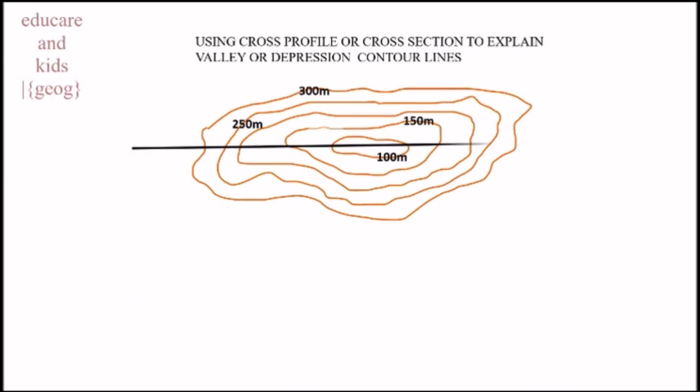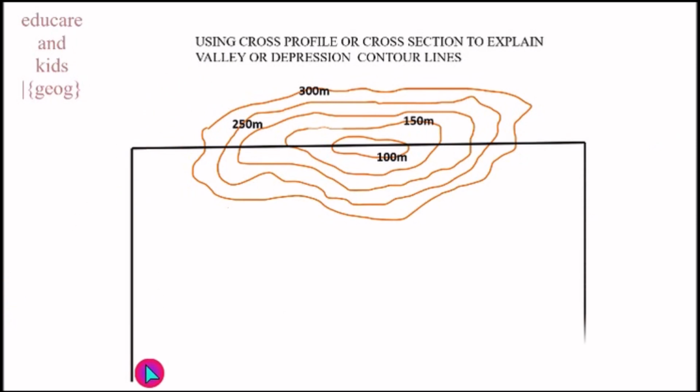Now, using cross profile or cross section to explain a valley or depression contour lines. The same way as you did with the first contour, you draw a horizontal line to cut across all the contours, and then you draw a vertical line from this point at the left side, and another vertical line at the right side, and then you calibrate them according to the contour lines.